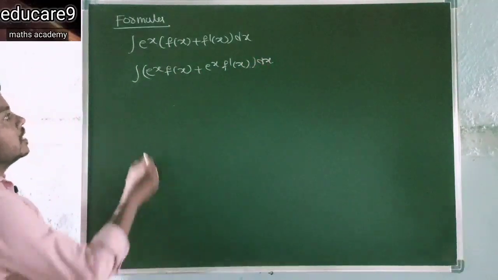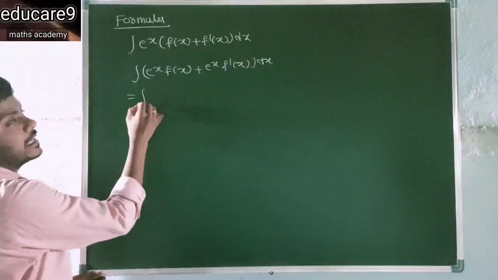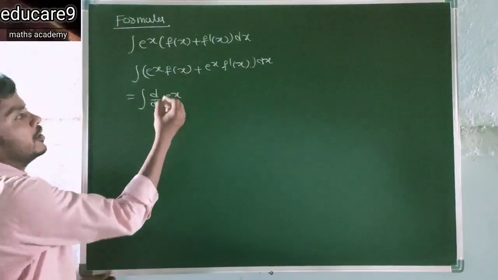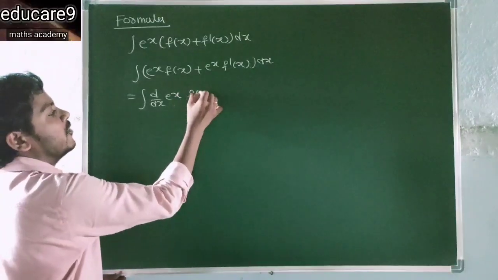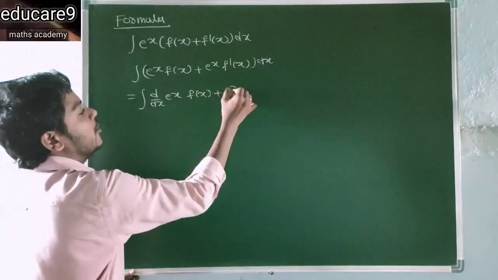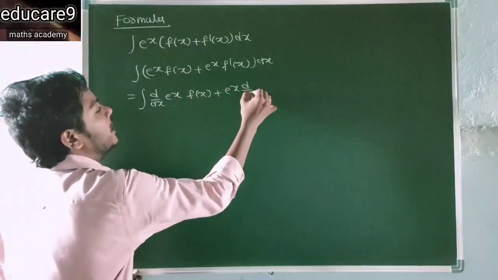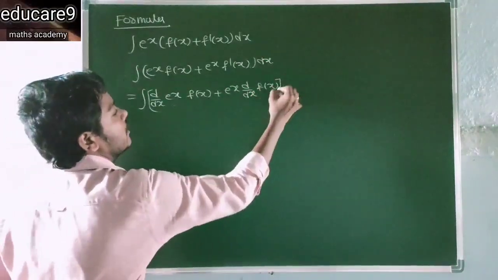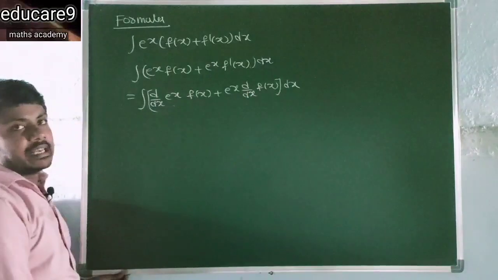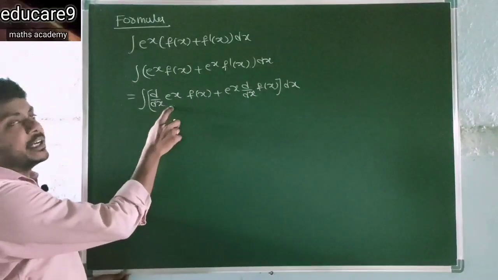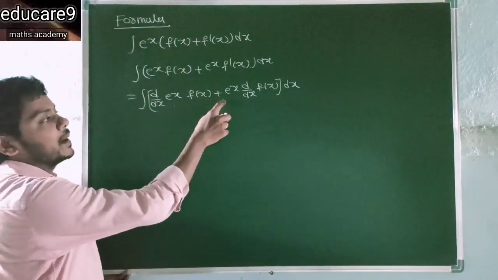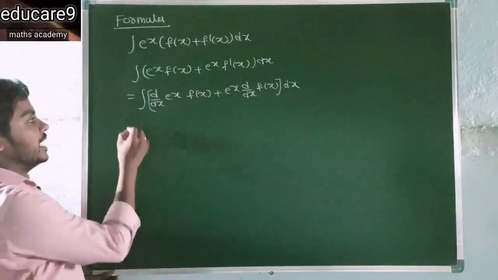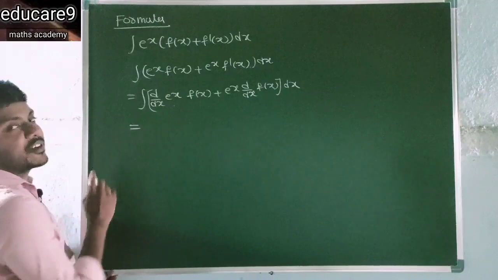Now again this is integration of e power x, right, as derivative of e power x f of x plus e power x into d by dx of f of x dx. So clear it is in the form of derivative of u into v plus u into derivative of v. So clearly this is the product rule of differentiation.